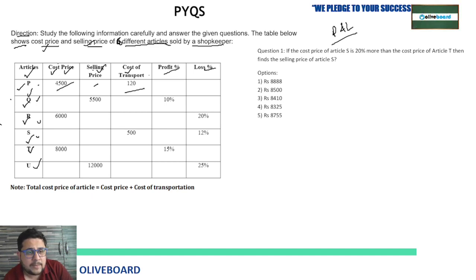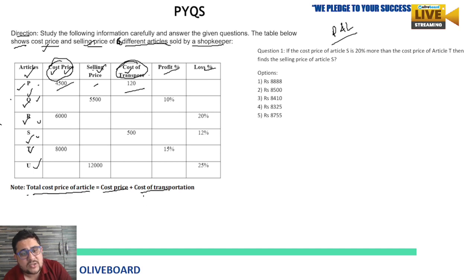The total cost price is the actual total costing, that is, cost price plus cost of transport. Before selling the product, whatever your costing is, that is the total cost price. Then profit percent and loss percent are given.